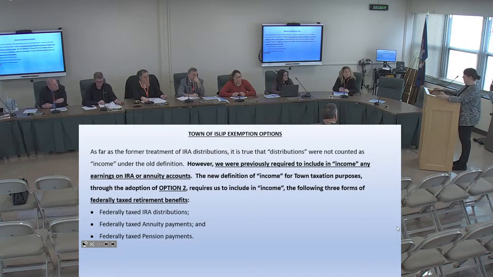Now, with the changing of the definition to FAGI, all three forms of federally taxed income retirement benefits under option 2 would be income for these particular exemptions.